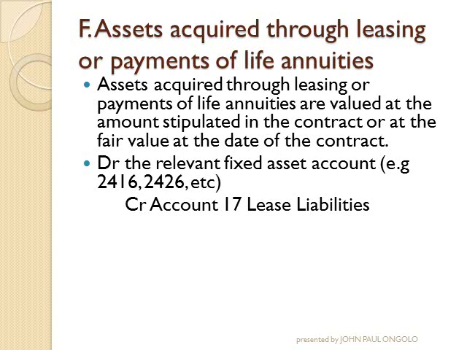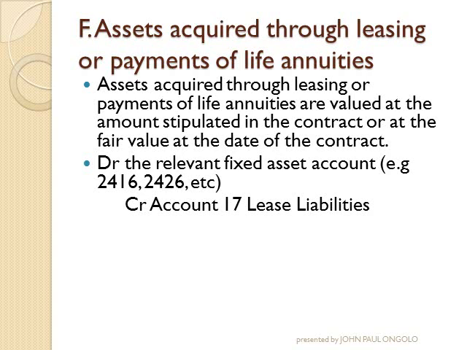So the initial recognition is for us to debit the relevant fixed asset account and credit the lease liability account. If you notice in our examples of the two fixed asset accounts for lease liabilities, both of them end with 6. Fixed assets acquired through leases are recorded in special sub-accounts based on the OHADA chart of accounts.